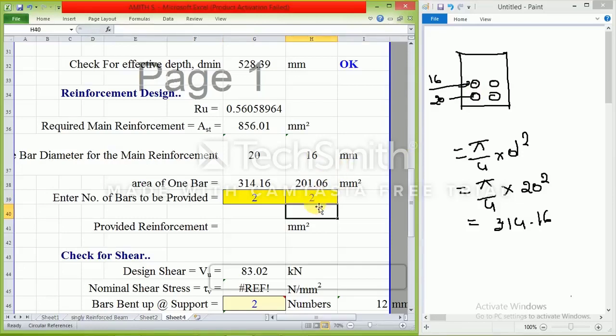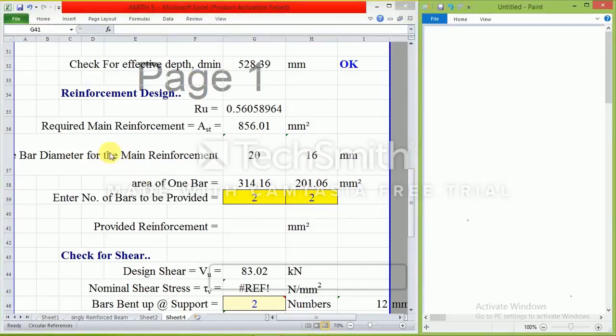This again I will give 2. Next, provided reinforcement. This is the reinforcement required, the main reinforcement. This is the provided reinforcement. Again the same condition prevails here, that AST provided should be greater than AST required. So before that I need to work out AST provided. What is the formula for calculating AST provided?